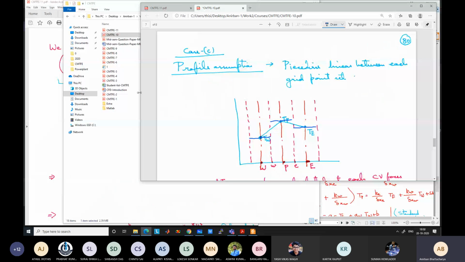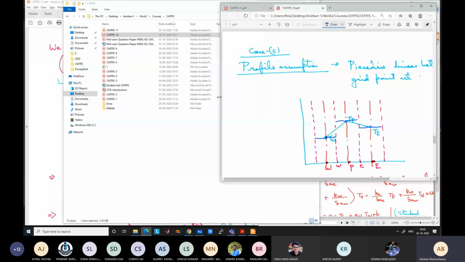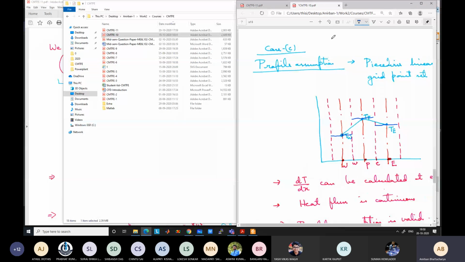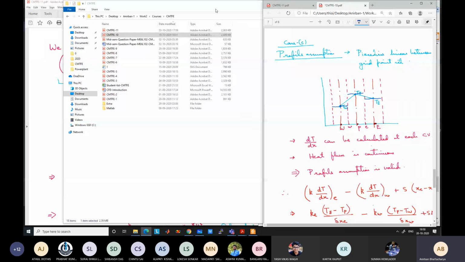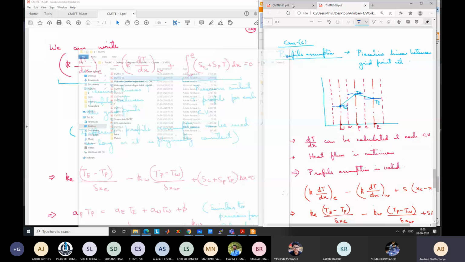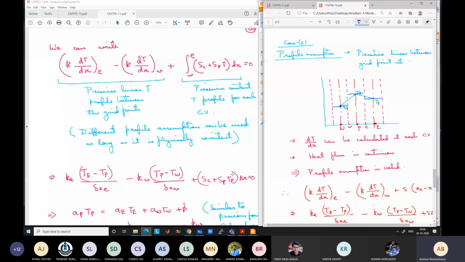And these light blue lines are the profile assumption for calculating the interface heat flux. You can see that we have assumed that TP remains constant within the entire delta X. Okay. So as if from the west interface to the east interface, the entire temperature value. Similarly, we will do for the next grid point. Similarly, for the other grid point. Okay. It does not have any variation.